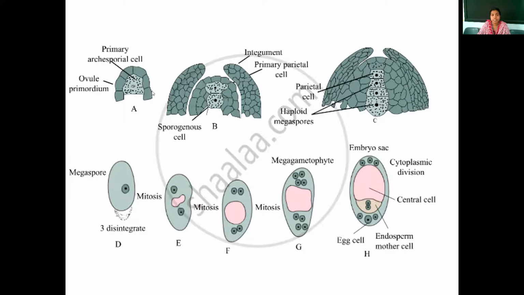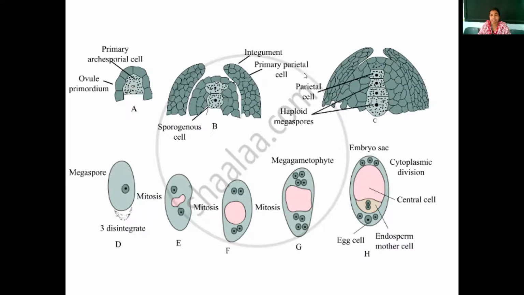Inside the ovule primordium, it encloses a primary archesporial cell. After subsequent division, this primary archesporial cell divides into a primary parietal cell and a sporogenous cell. And then in the next division, the two cells result in 4 megaspores.